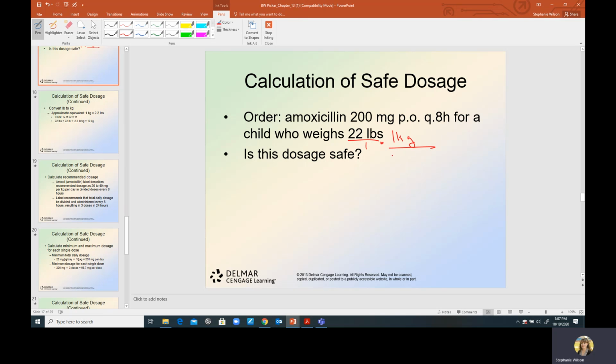And some of you are asking me, how do I know this? Well, it's when we go to the slide with the recommended max. That recommended max is based upon milligrams per kilogram per, let's see, per day.